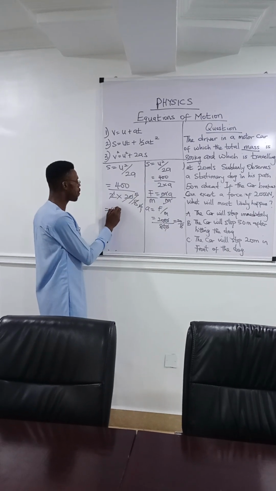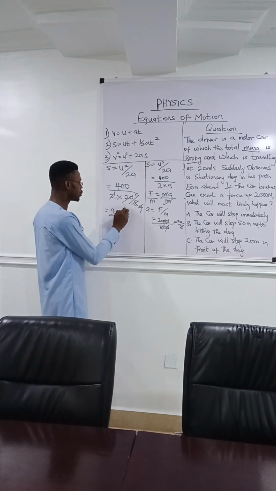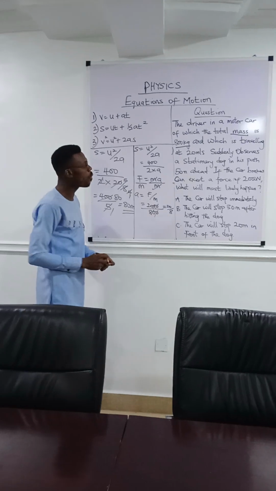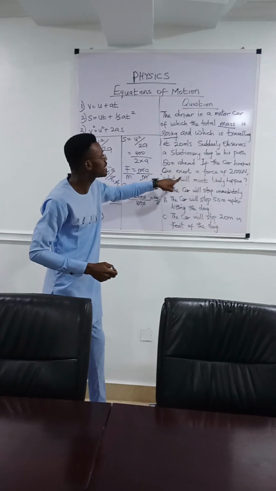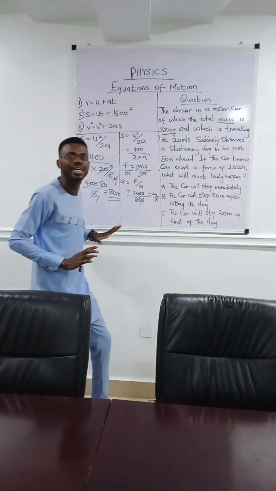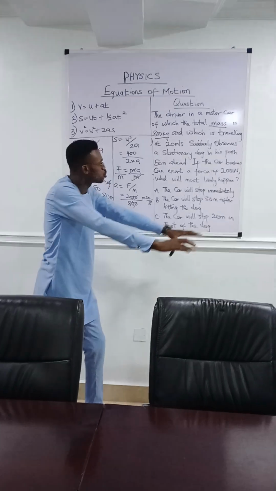So I have 400 over 5. 5 into 400 is 80. So my distance is 80 meters. What it means is that even if the car brakes can exert a force of 2000 Newton, it will still take the vehicle some 80 meters to come to a halt or to stop.